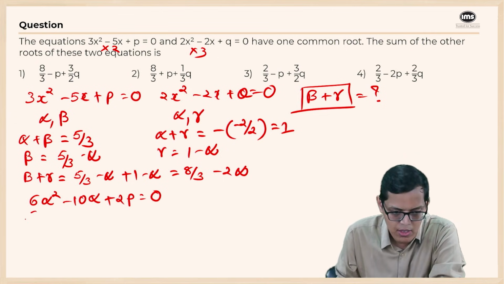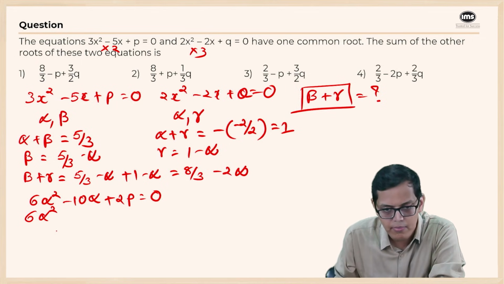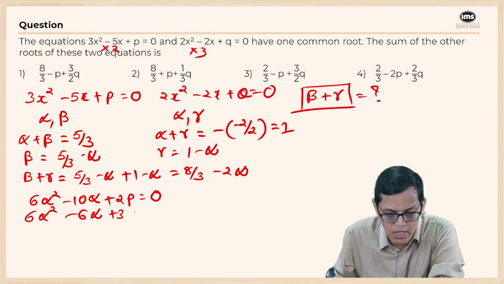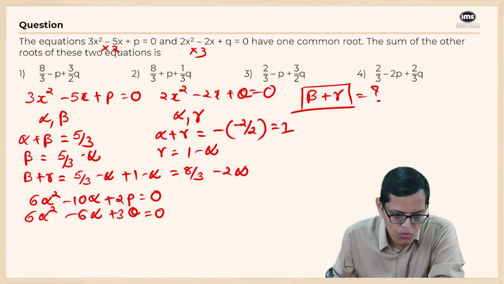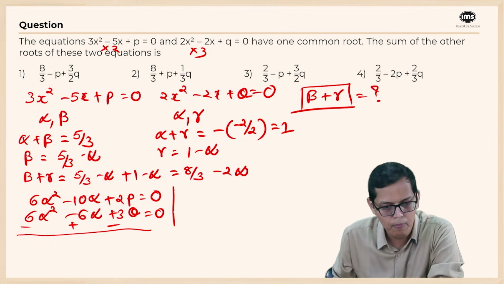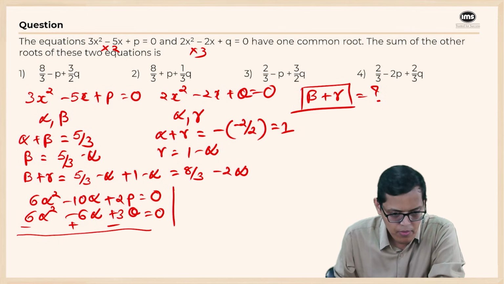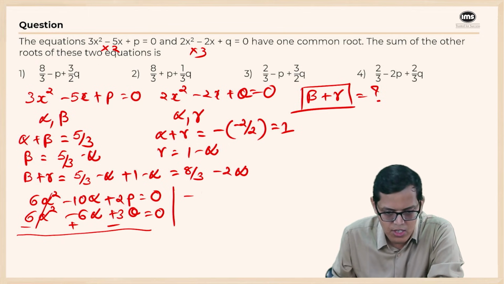The second equation is 6 alpha² − 6 alpha + 3q = 0. We have to subtract one equation from the other. Minus plus minus. This should produce −4 alpha = −2p + 3q.